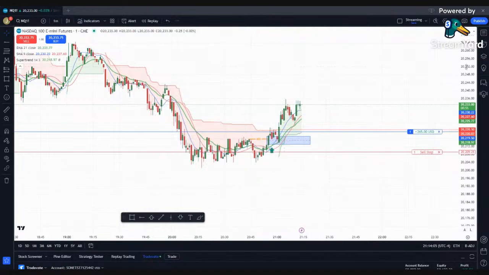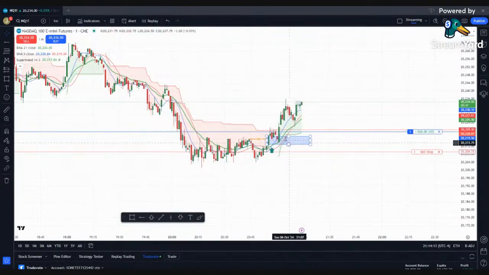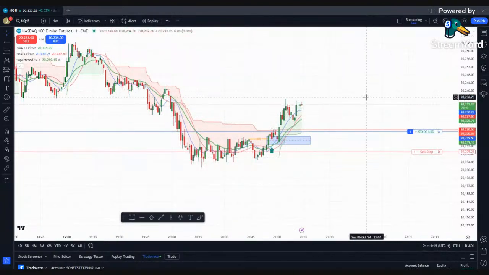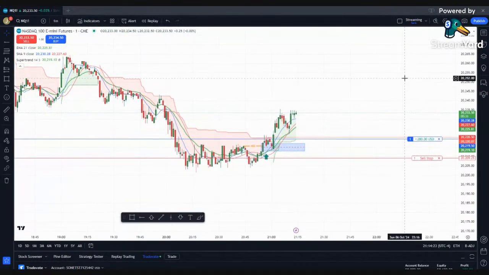Why don't you add volume? I don't need to add them because that will complicate things. I just want to see these three lines play along with the support of super trend. That's it.